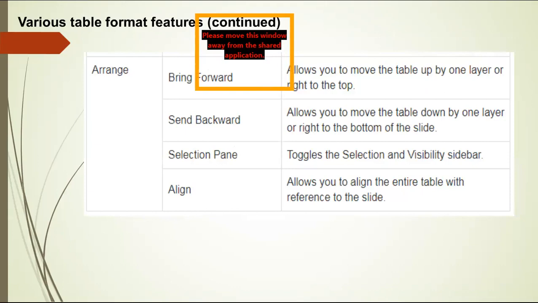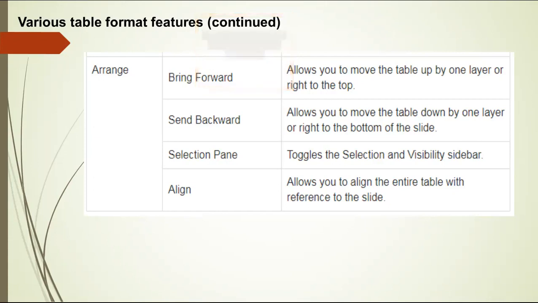Arrange. So, how to arrange the table? Okay, in PowerPoint, we have also like an object. Okay, bring forward, send backward, selection pane, and align. Okay, bring forward, meron din yan.